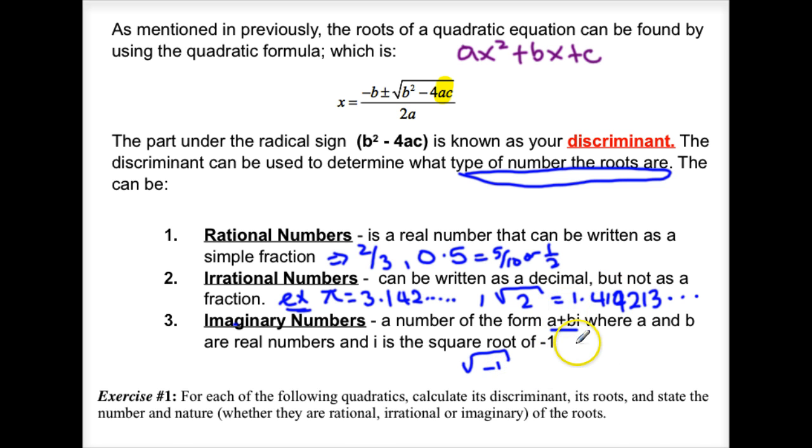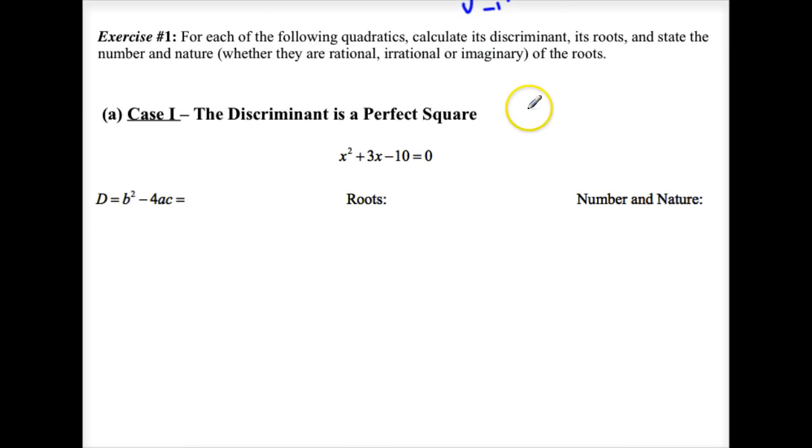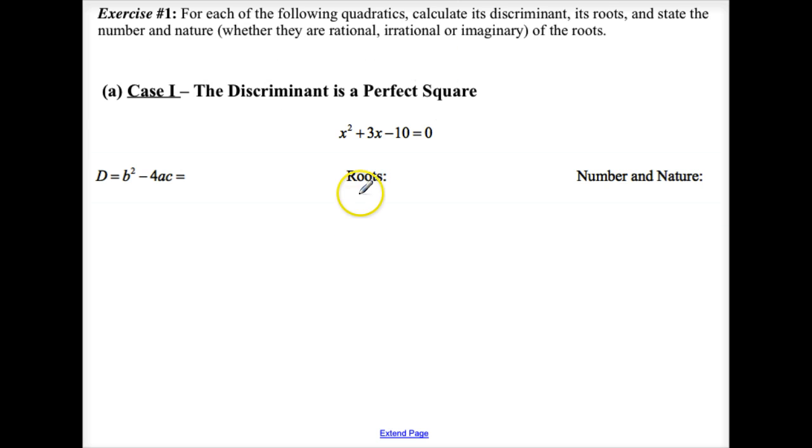So let's see how this works. Example 1. It says, for each of the following quadratics, calculate the discriminant, its roots, and state the number and nature, whether they're rational, irrational, or imaginary. So the first thing I want to do is, as always, when I have a quadratic, I identify my a, my b, and my c.